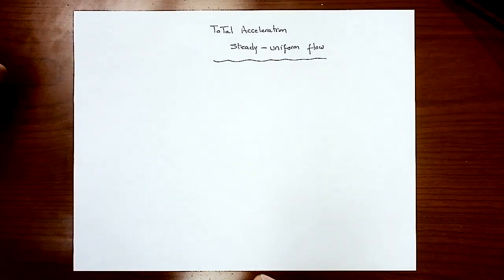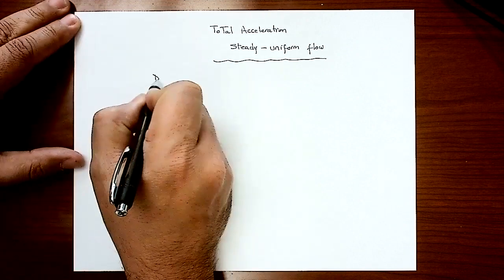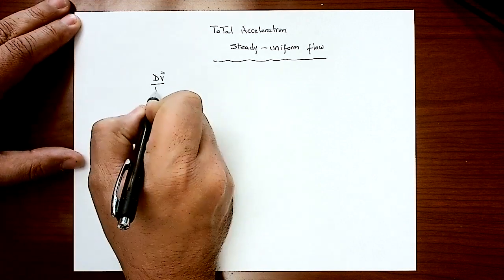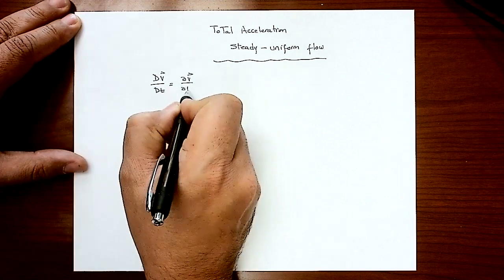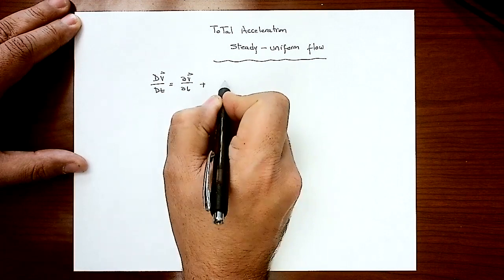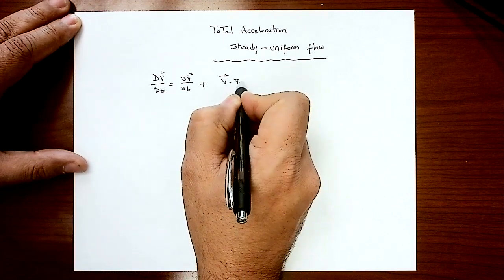So in the previous part, we introduced the material derivative, or the total derivative, and we derived a formula for the flow-through acceleration. So the total derivative dv by dt has two terms. It's partial v by partial t, in addition to v dot nabla v.